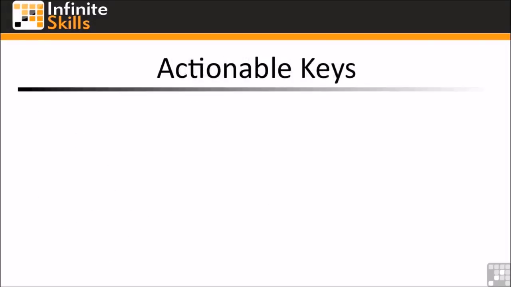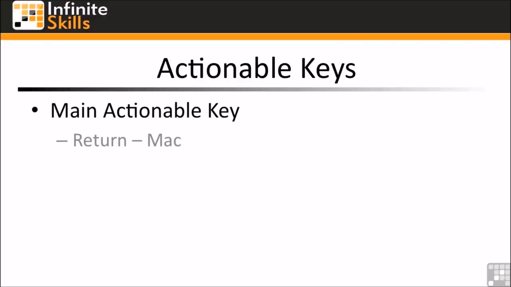Now, what I call the actionable keys, the main actionable keys are the Return key or the Enter key. So a lot of times if I say, press the Enter key. Well, if you're on a Mac, it's not called the Enter key. It's actually called the Return key. That's the one I would want you to use. Mac actually does, if you have a full-size keyboard, have a Return key, and it has an Enter key.